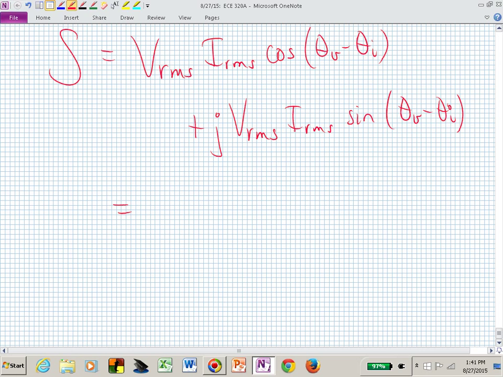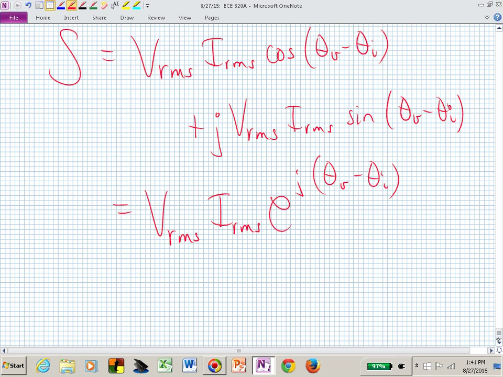So we can now write this S as V RMS, I RMS, e to the j (theta sub V minus theta sub I). That's our friend Euler. E to the jx is cosine x plus j sine x. That's Euler. And that's all we've done to get from bottom to top, for example.